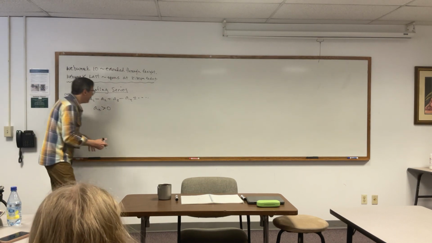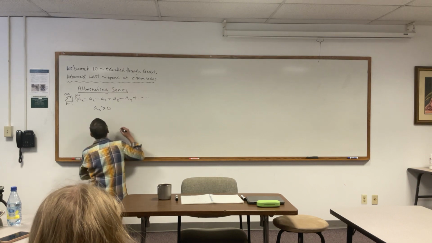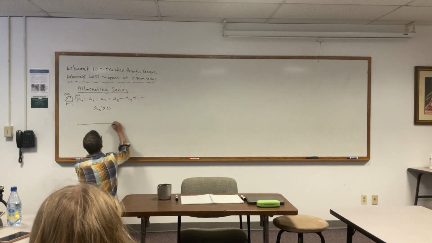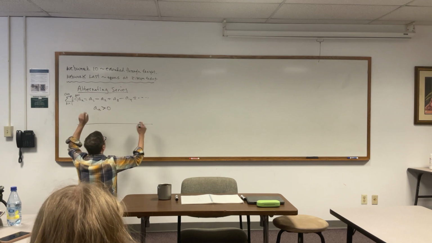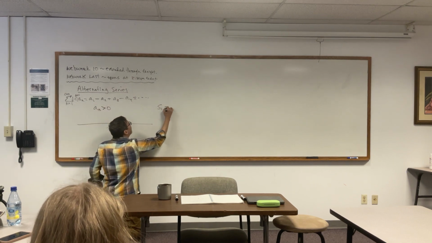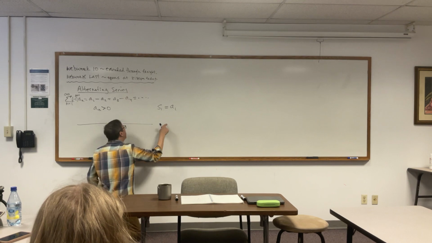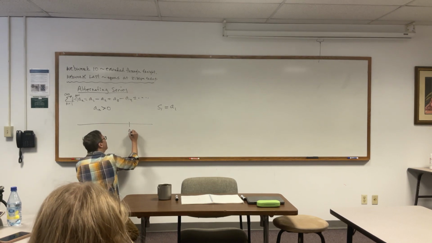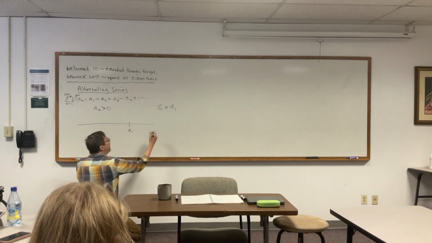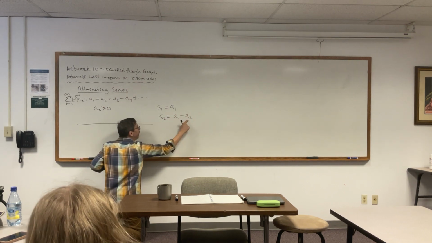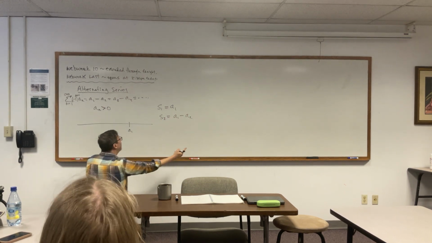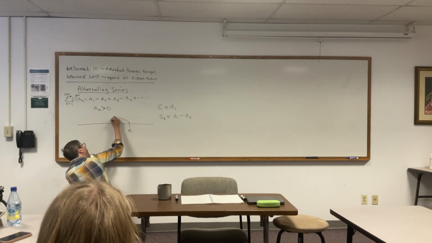And here's the idea. If I have an alternating series, I can think of it with really cool steps. Let's think of the partial sums. The first partial sum is just A1, so mark that off. There's A1. And then S2, the second partial sum, is A1 minus A2. Since A2 is a positive thing, I'm moving backwards that far.